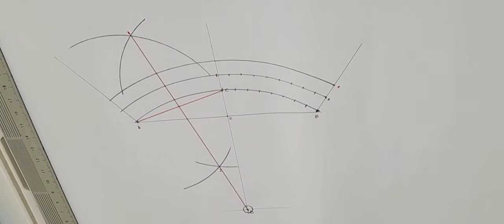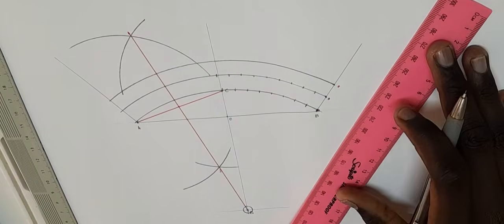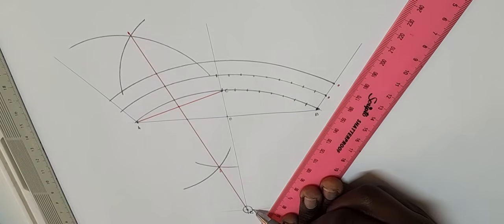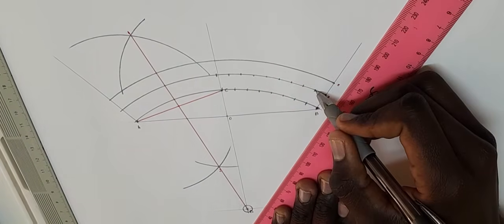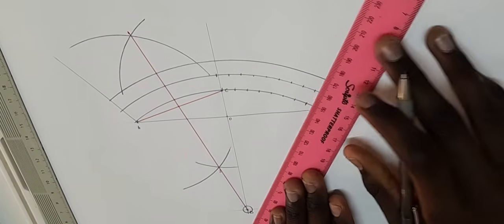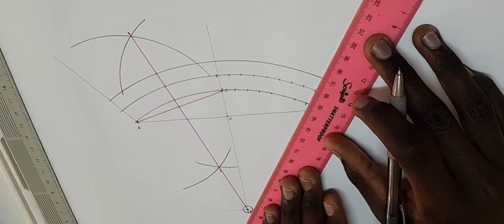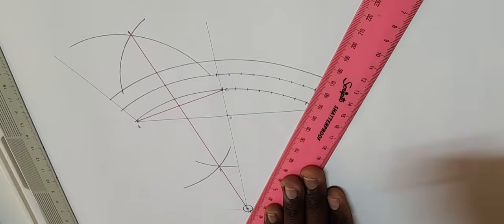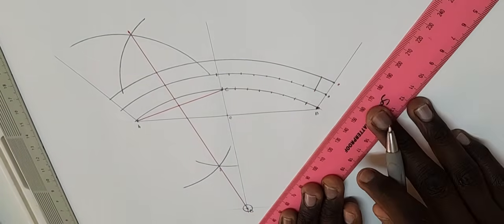Right, then you will take your ruler, any ruler, and place it on this side of the circle, the right hand side, and put it in line with this point, the first point, like this, and like this. You draw a line here, like that.